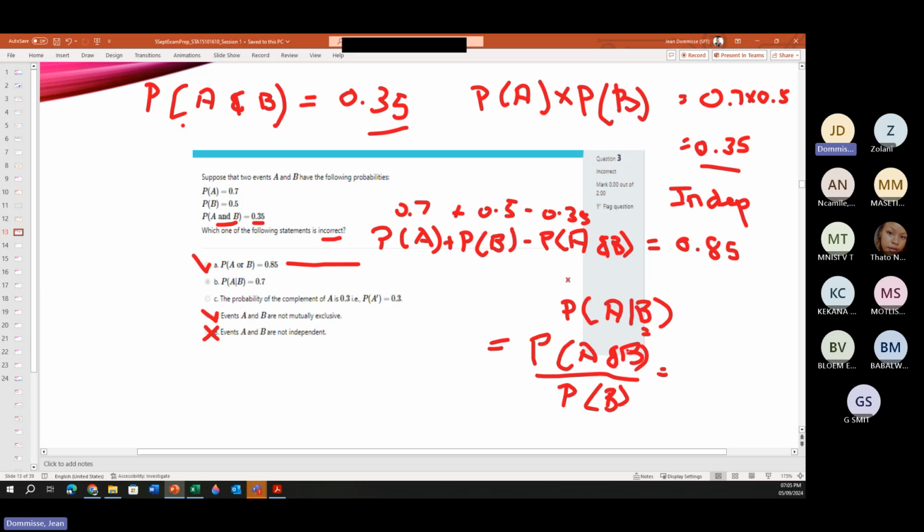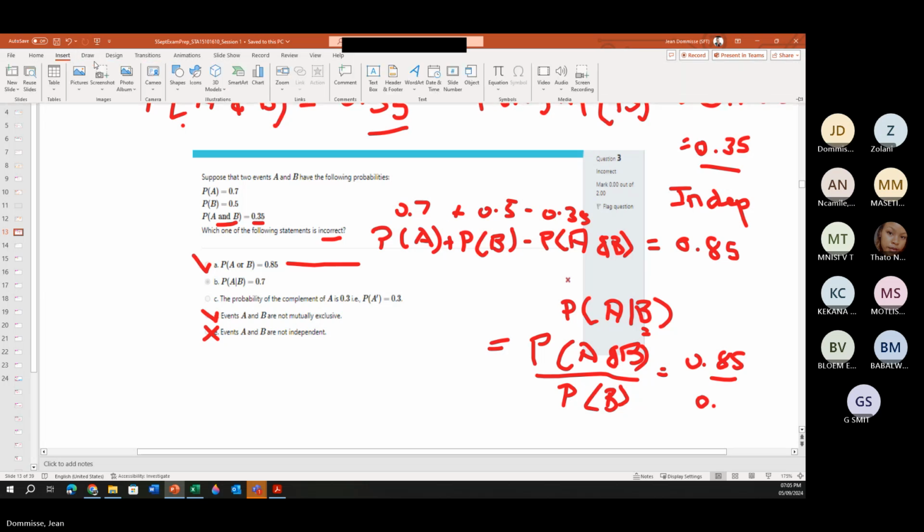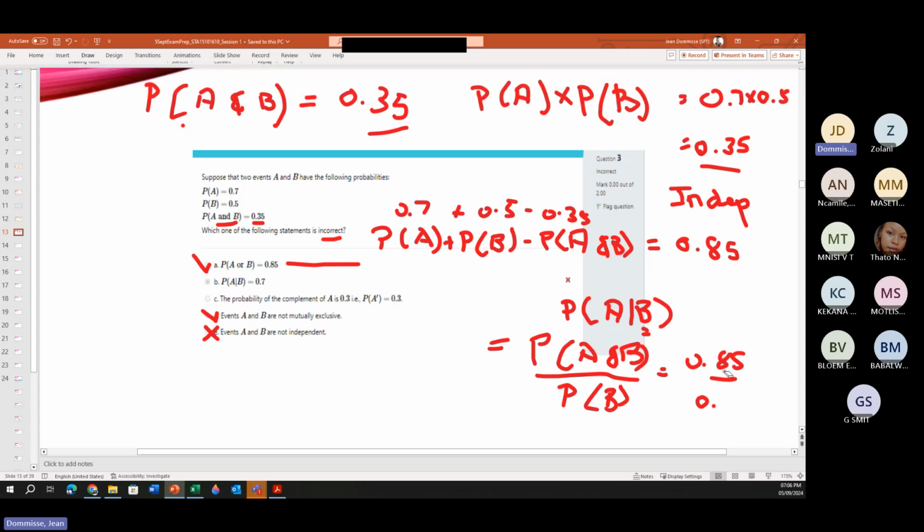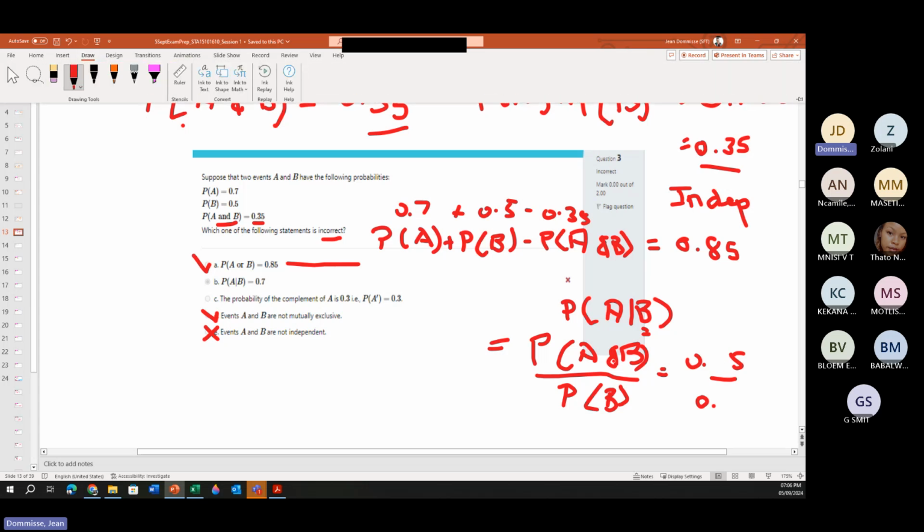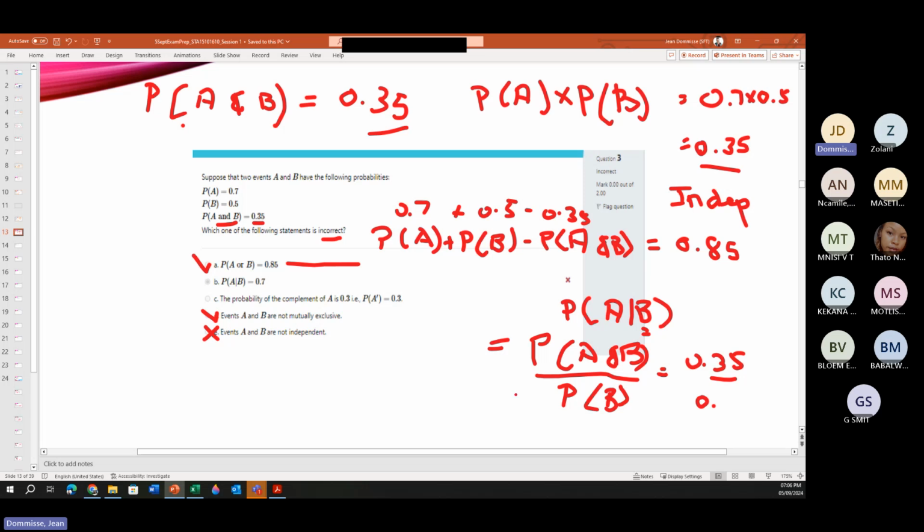The probability of A and B, sorry, 0.35 is the top one, divided by the probability of B, 0.5. So 0.35 divided by 0.5 is equal to 0.7.